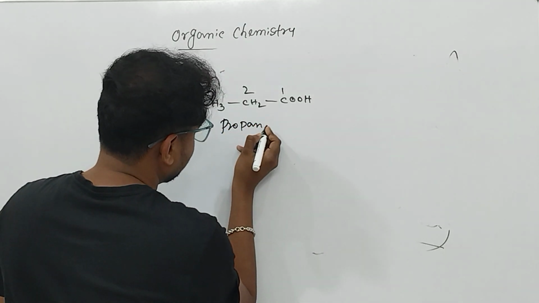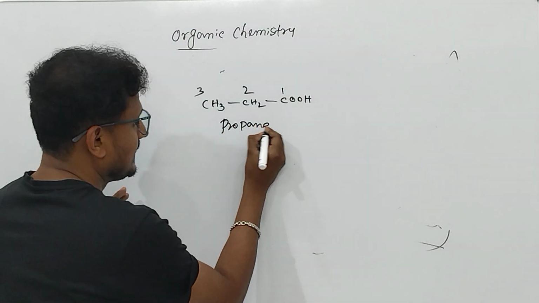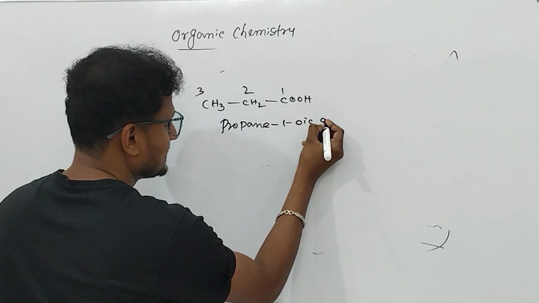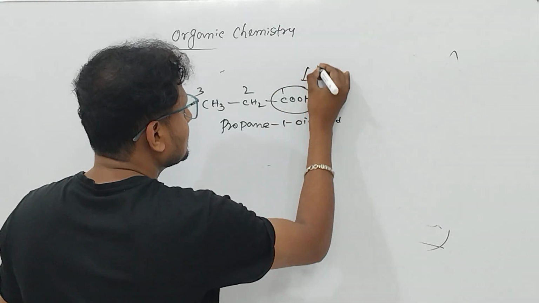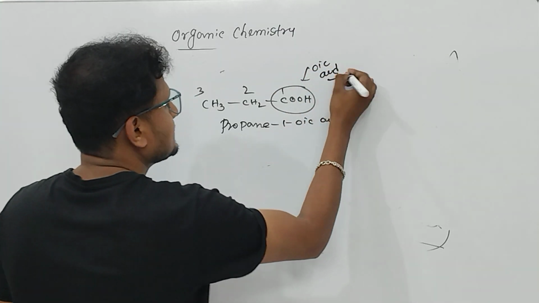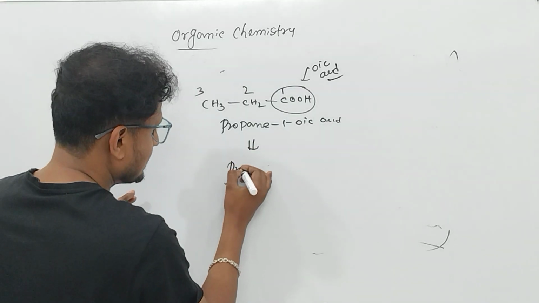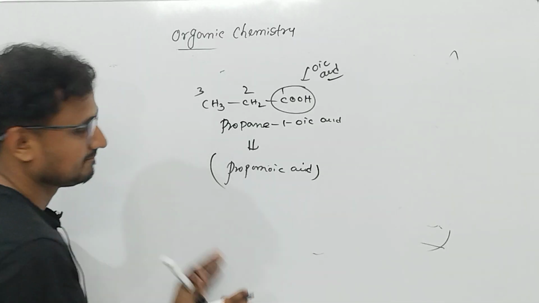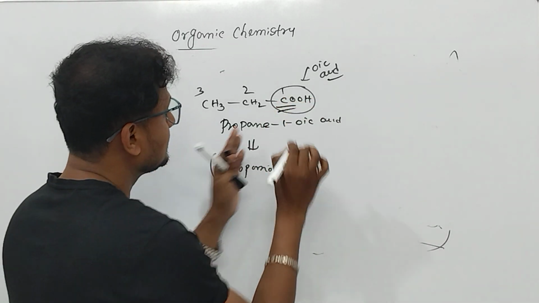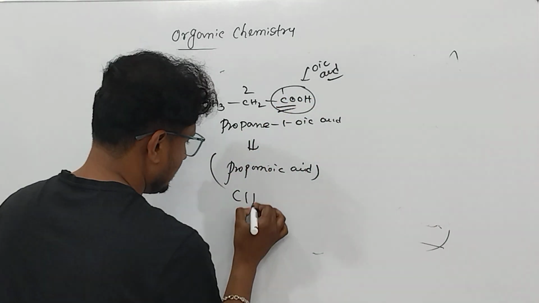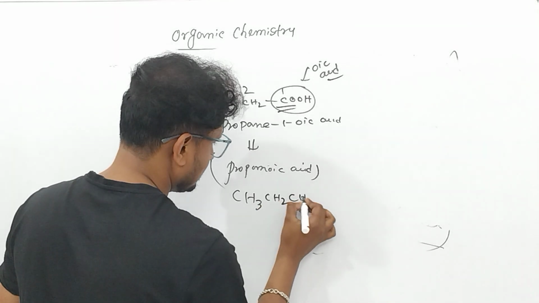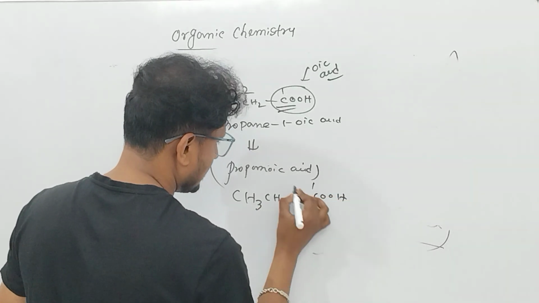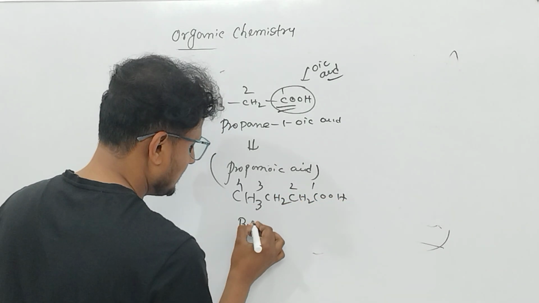Propan, and on 1 carbon you have oic acid. COOH means what? Oic acid. So if you combine this, you will get propanoic acid. Okay, you have to consider the COOH carbon. Next is this one. 1, 2, 3, 4. This is nothing but butanoic acid.